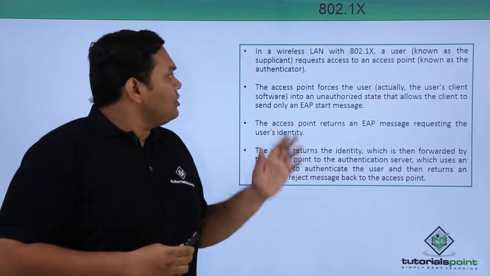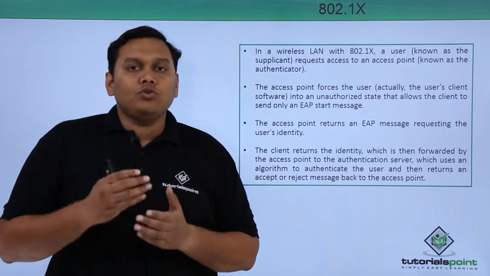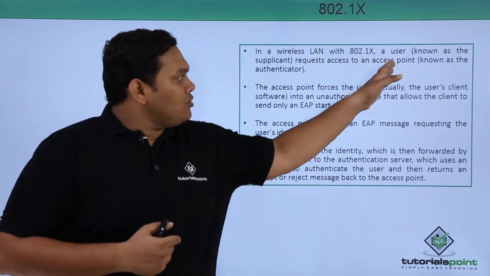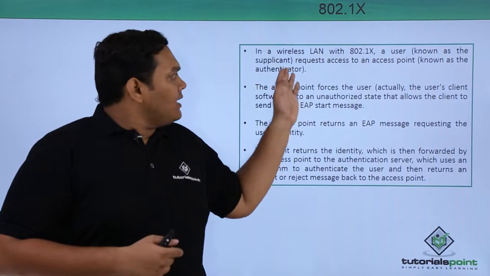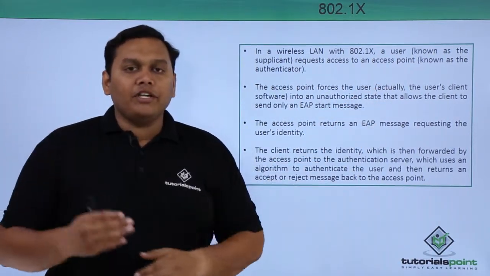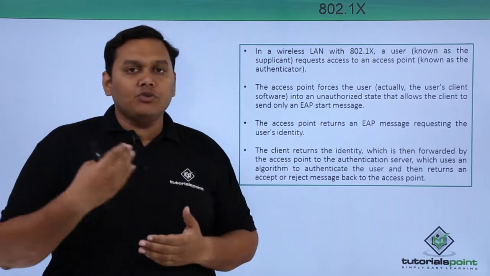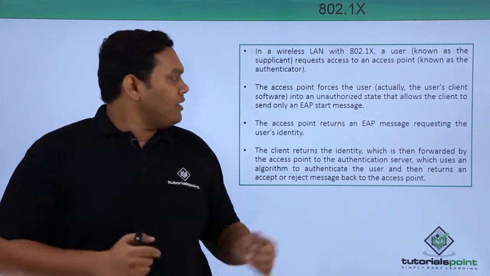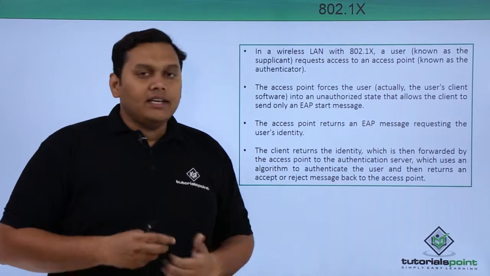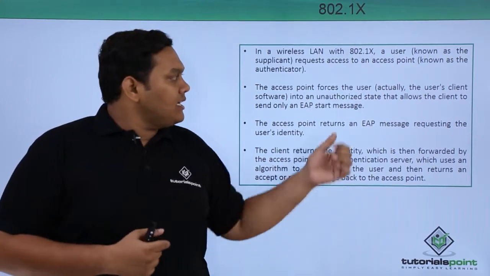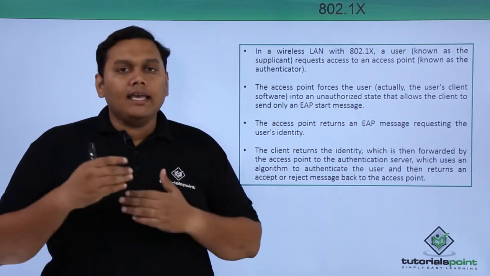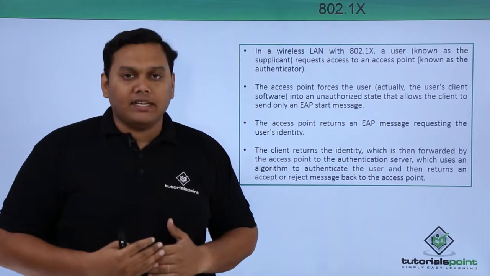Coming to the wireless LAN with 802.1x, a user known as a supplicant requests access to the access point, known as an authenticator. The access point forces the user, actually the user's software, into an unauthorized state that allows the client to send only an EAP start message for authentication.